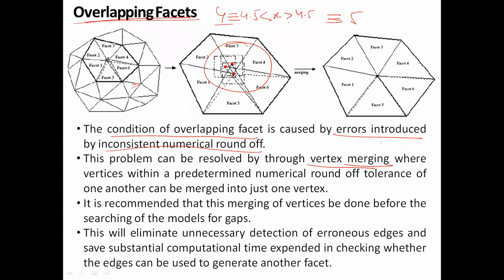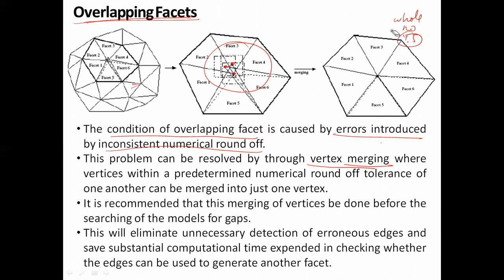When this happens, you generally get a whole number, either 4 or 5. That prevents any overlapping in the STL files and the facets.